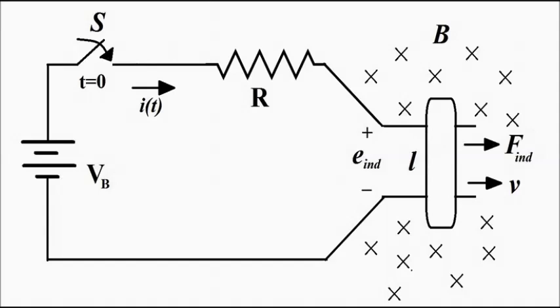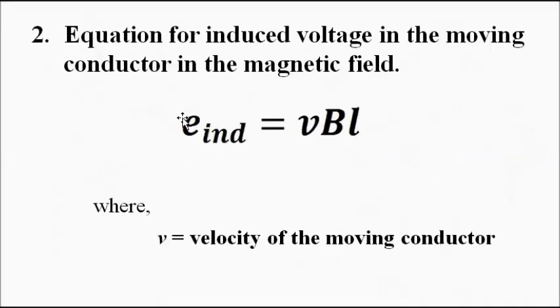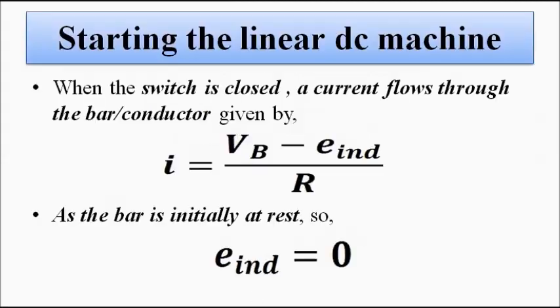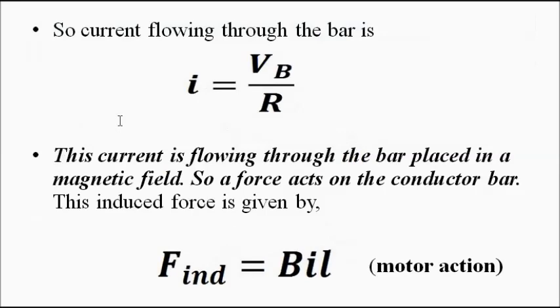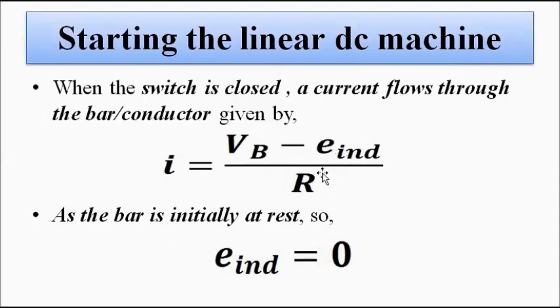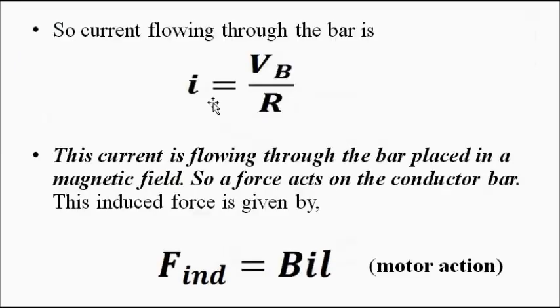So if we substitute EIND with 0, the current flowing initially when the circuit is just closed is I equals to VB by R.